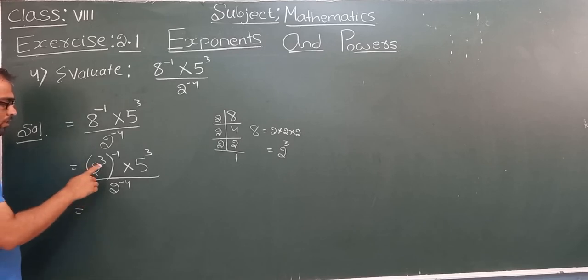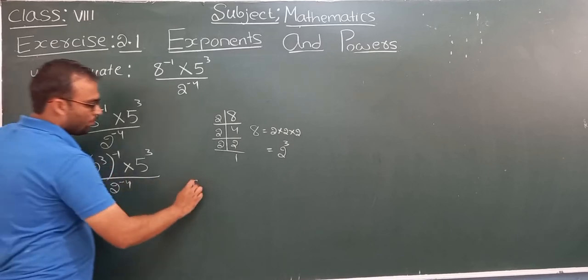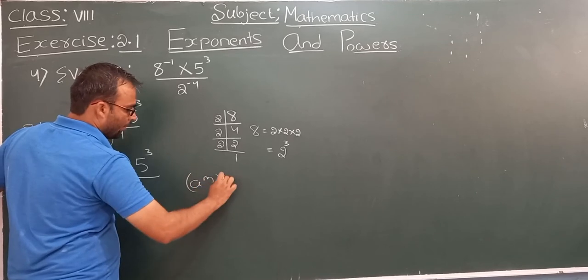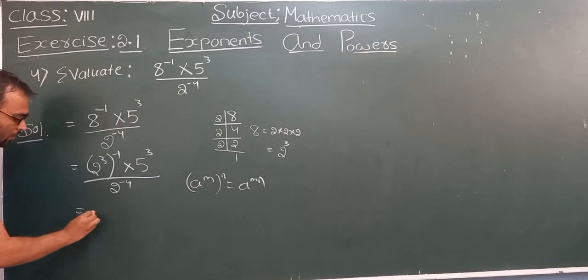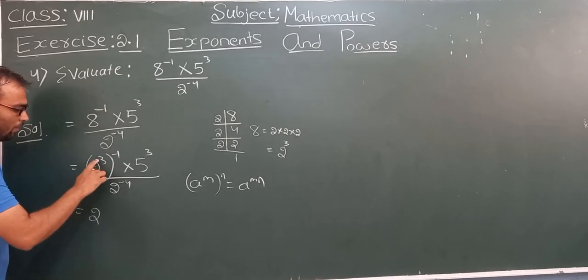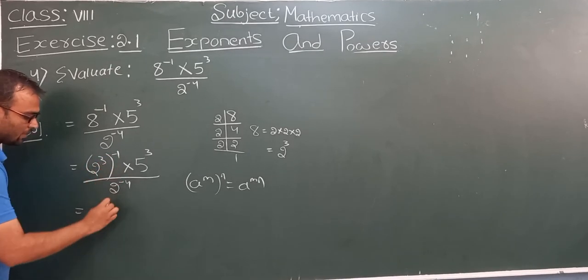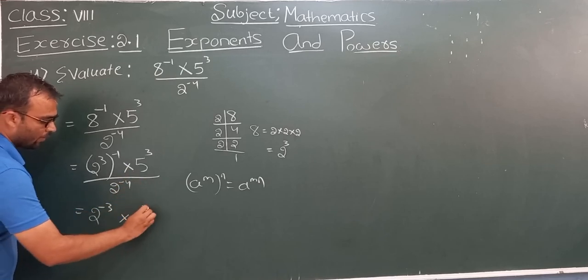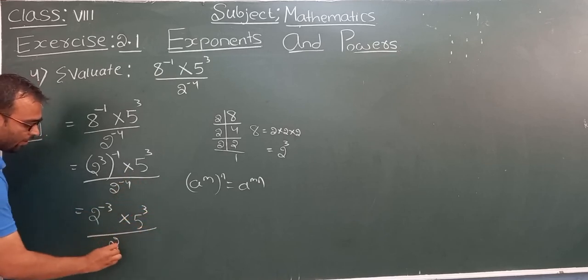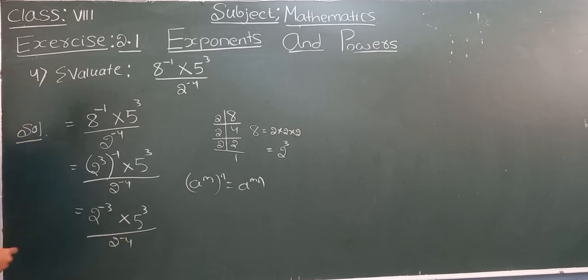Now students, it is of the form (a power m) power n equals a power m into n. That is 2 to the power, plus into minus is minus, 3 1s are 3, into 5 to the power 3 divided by 2 to the power minus 4.